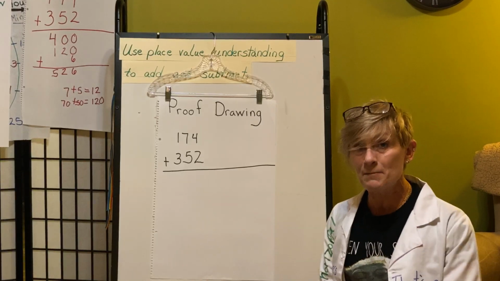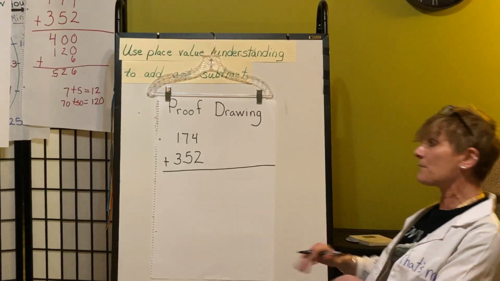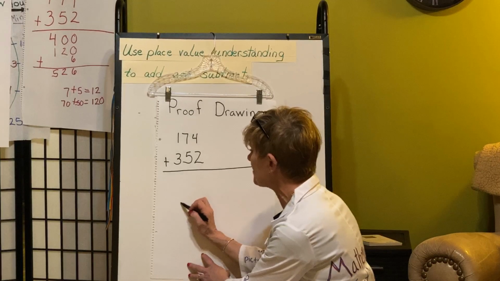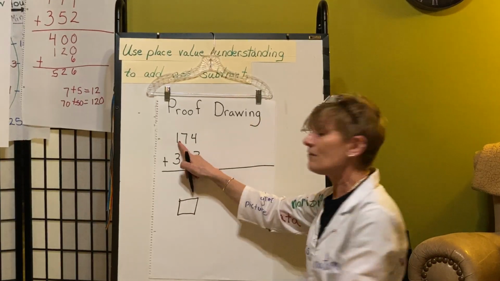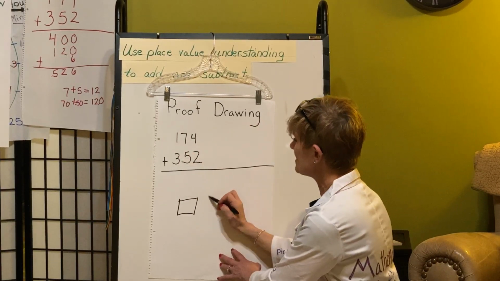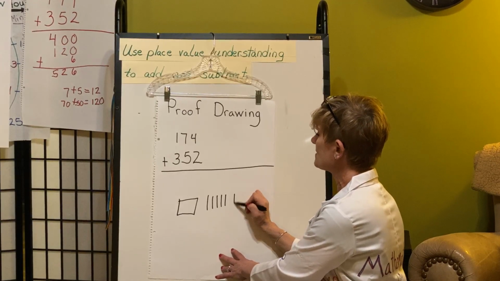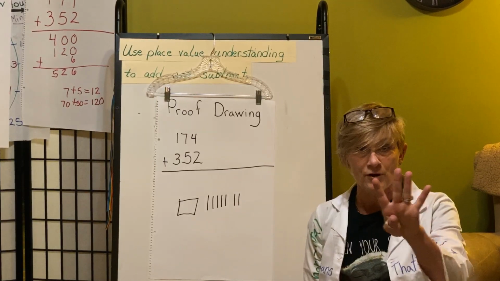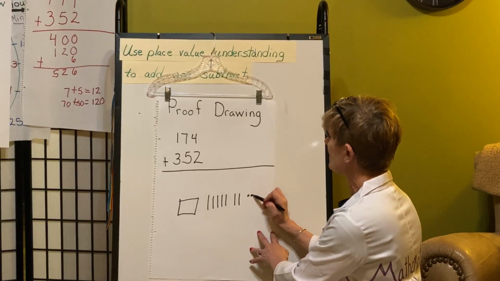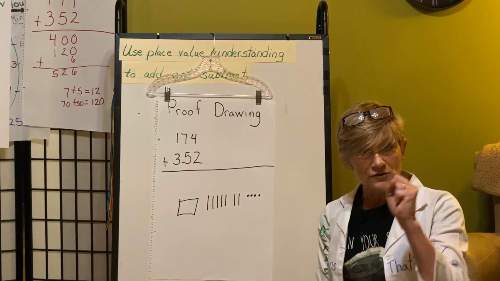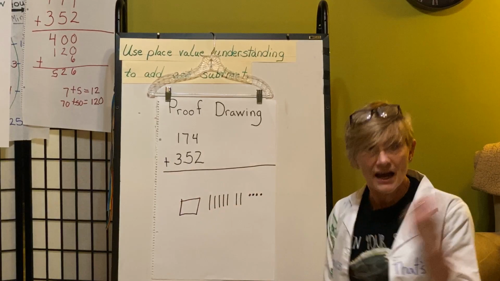So friends, if I'm going to make a proof drawing of these two numbers, I'm going to use my quick 100 for that, and then 7 tens, 20, 30, 40, 50, 60, 70. My 4 ones, which are always, those are my ones. So now I'm going to go to 3 hundreds.